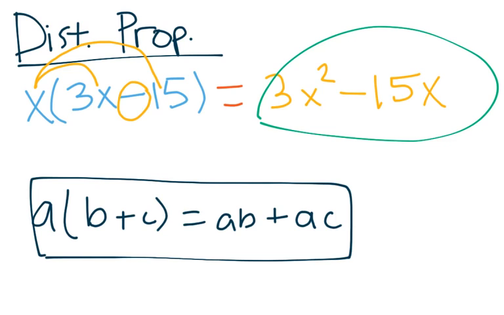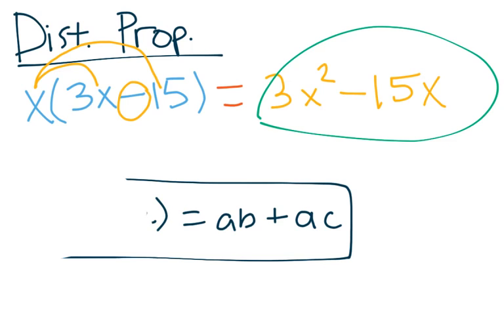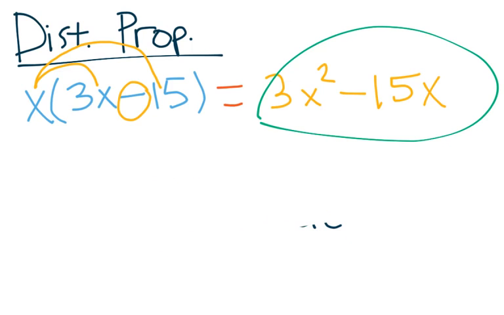So what factoring is, it's undoing the distributive property. If I were to undo that, what I'm doing in factoring is I'm taking out the greatest common factor. You're going to hear us say that a lot, the greatest common factor.